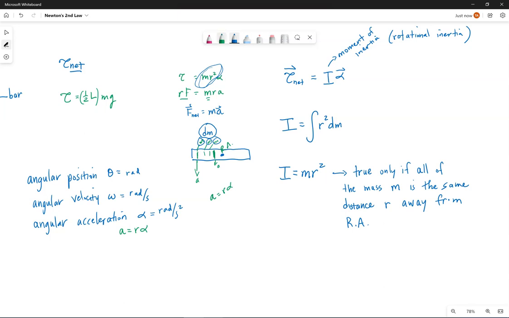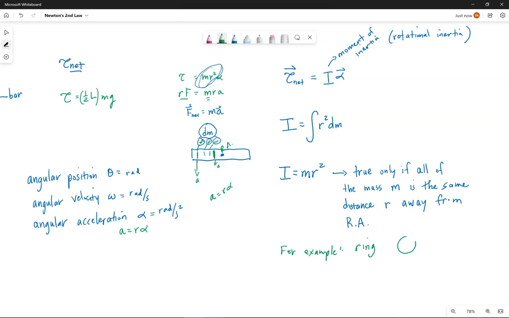So something that would be true for would be a ring. For example, a ring, like a wedding ring that's just a band, or even something like a hula hoop.